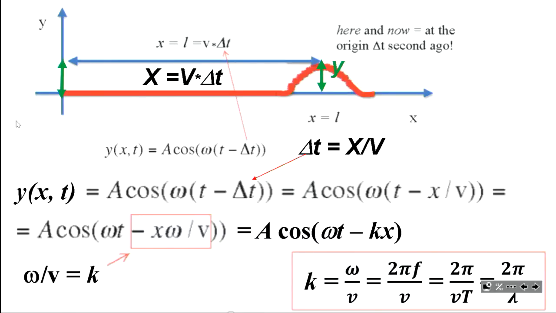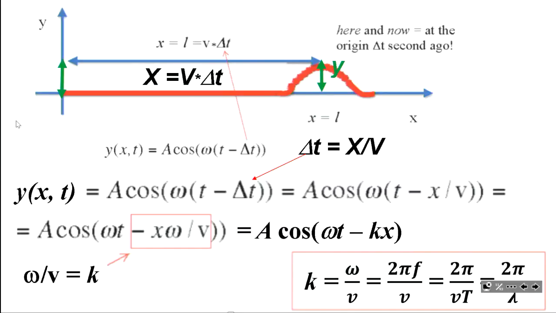The function depends on what type of a source we use. If we use a cosine generator, the whole wave can be described by cosine, but it could have been a sine, or in general could have been any other additional constant inside it. And that's the amplitude, the maximum displacement from equilibrium, and the angular frequency.